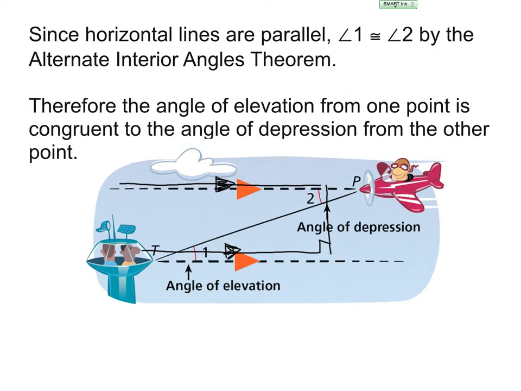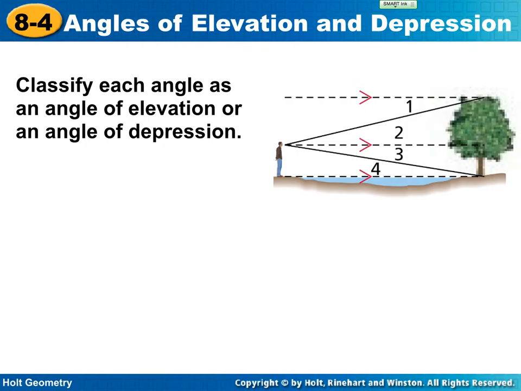So I first have some pictures for you to just make sure you got angle of elevation and depression. We talked about everything that was there. Okay, so angle 1. Is that an angle of elevation or depression? Depression, because it's going from the horizontal down. Okay, 2.